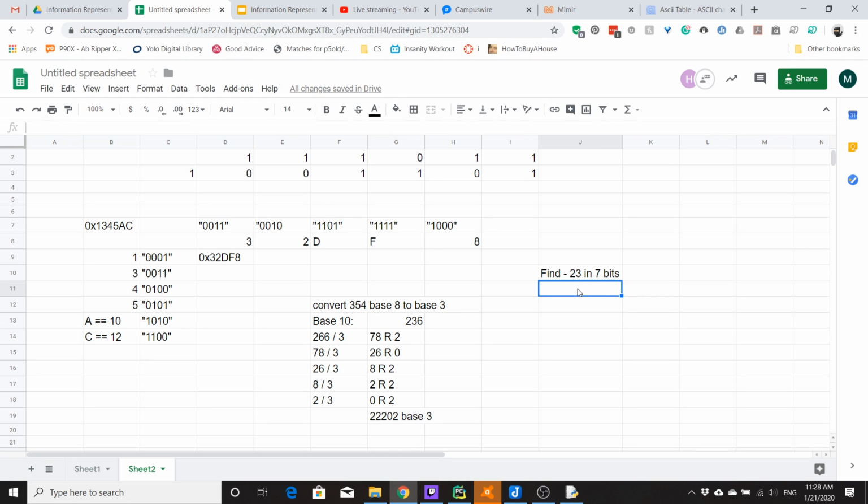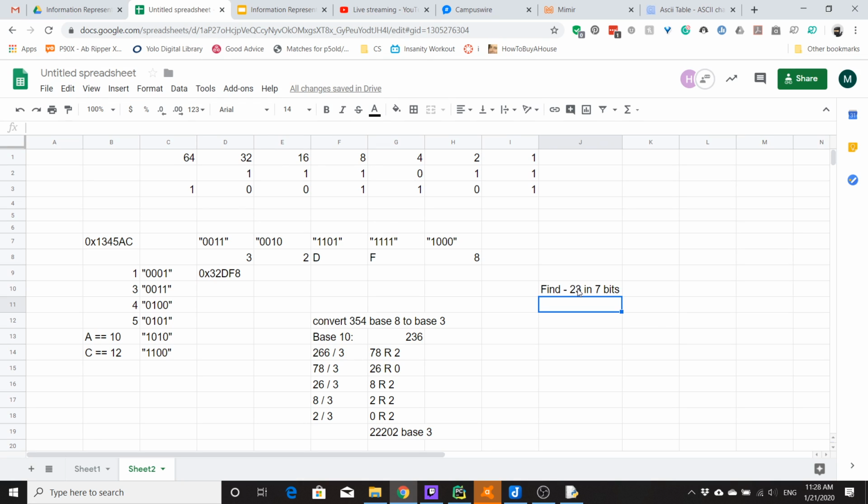So our first step should be to do what? Find the positive representation of that number, right? So over here, we have 7 bits. 1, 2, 3, 4, 5, 6, 7.